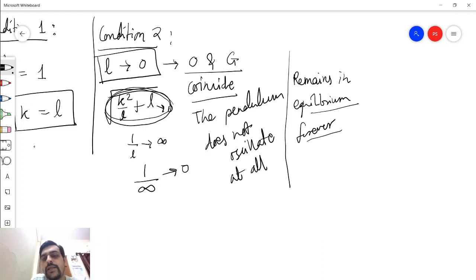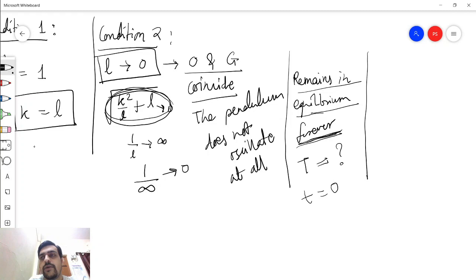So in such a case, how much will be the time period t? We know that as per the definition of time period, it is the time required to complete one oscillation or one revolution or one cycle. So if the pendulum is going to be in the same state forever, when we start time t equal to 0, we say that the pendulum is never going away and coming back to the same position.